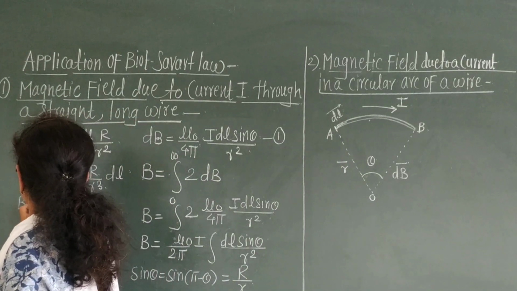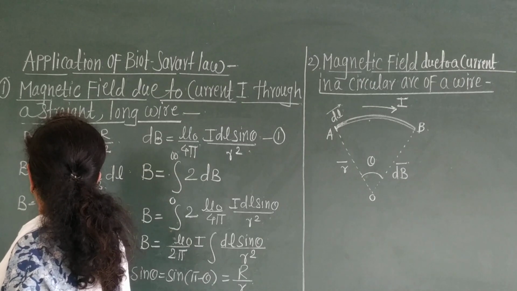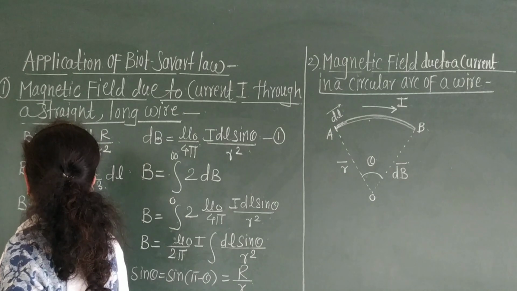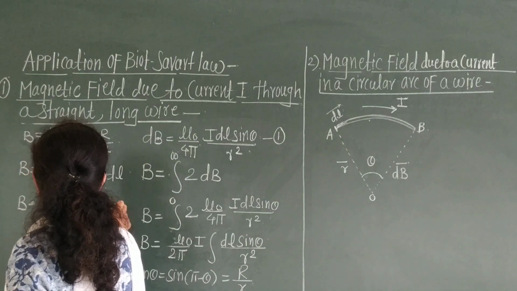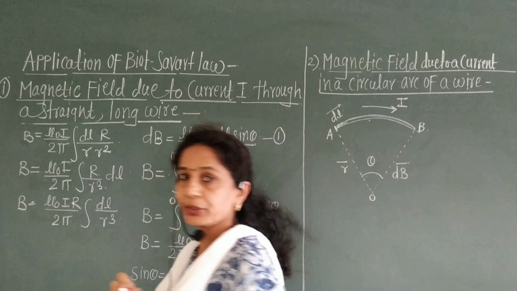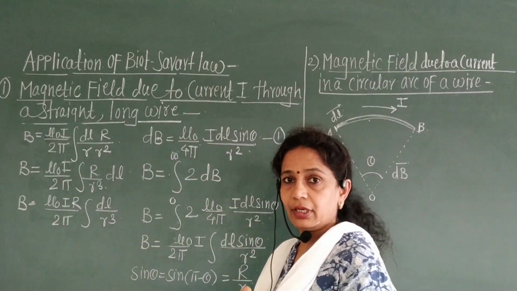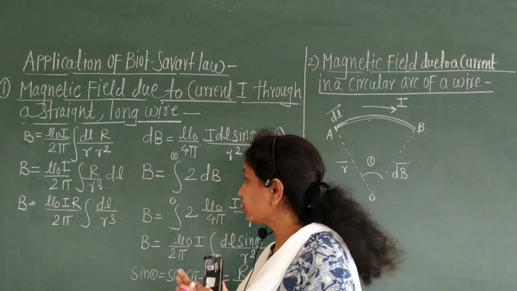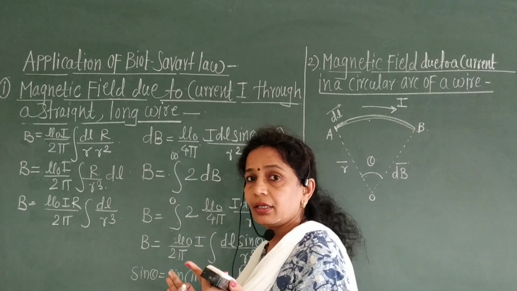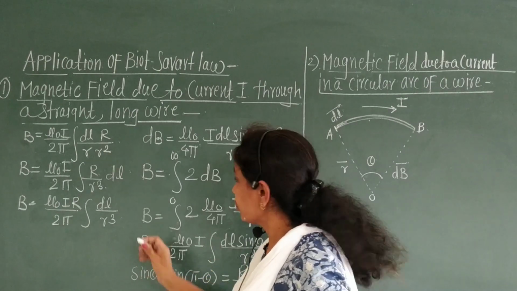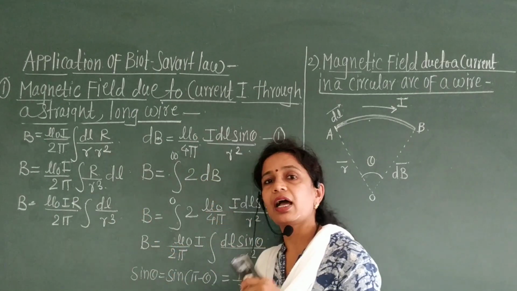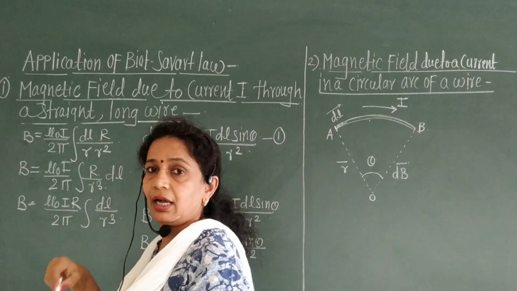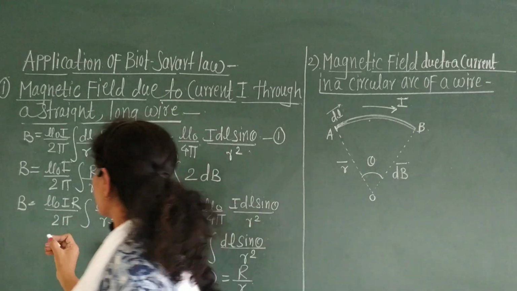Therefore, B is equal to mu 0 I, R is constant again, upon 2 pi, integration of dl upon r cube. Okay, now we have to put up the value of r cube. r square is equal to capital R square plus L square, and r means under root of capital R square plus L square.